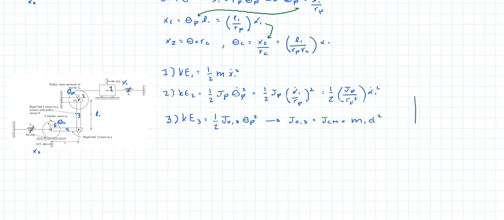Just to illustrate, it's rotating around O, and its center of gravity is at L over 2 if this is L and the mass is uniformly distributed. Now this is called the parallel axis theorem.